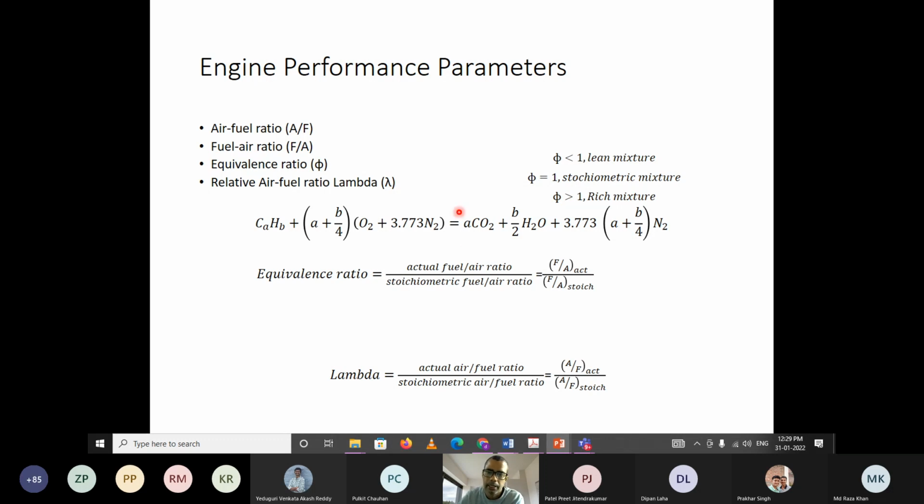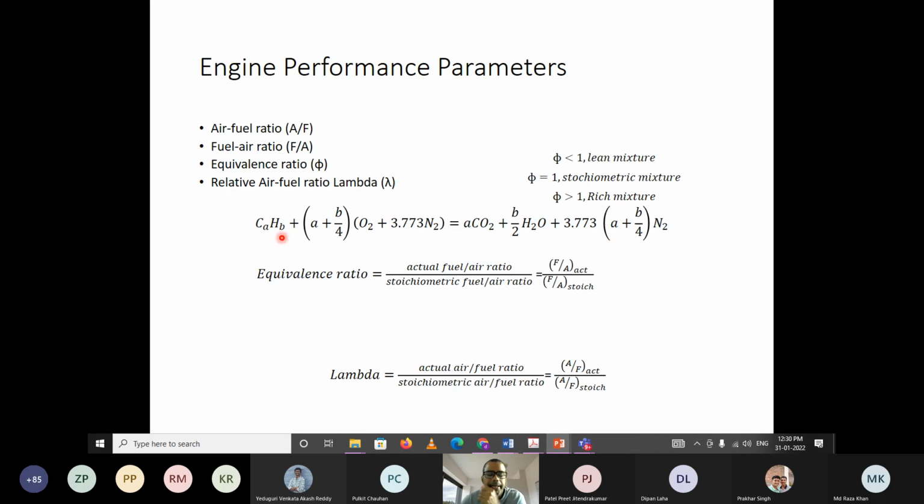There are several kinds of products we are going to get after the combustion, but hold it right now. So for any hydrocarbon fuel, let us write down CxHy and then air, oxygen plus 3.773 nitrogen, balance both sides, and that will give you the complete equation.